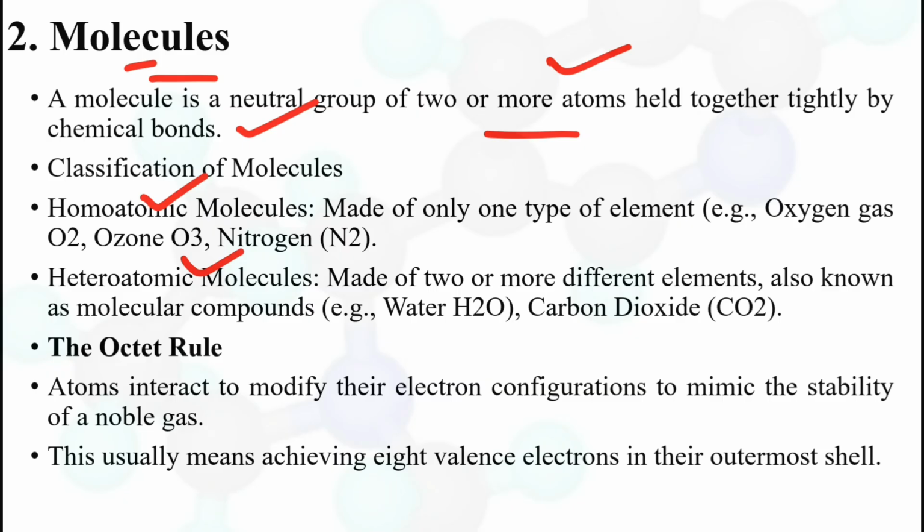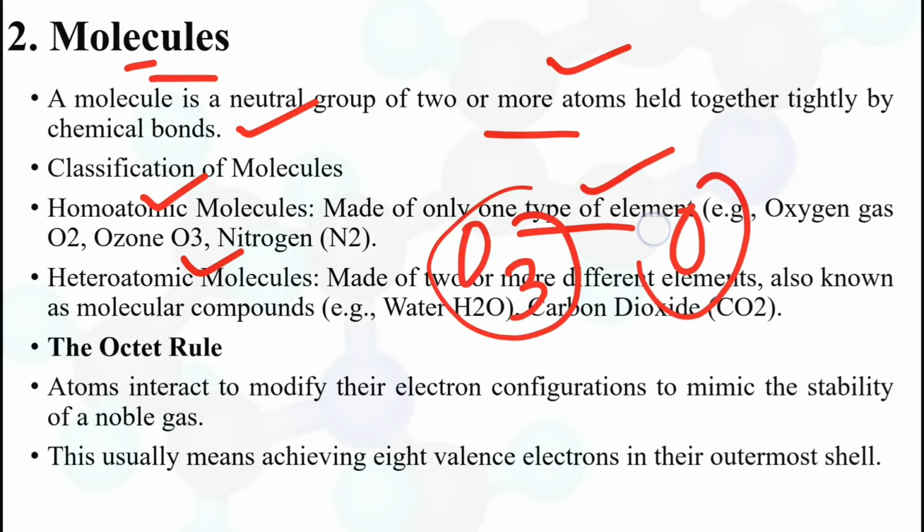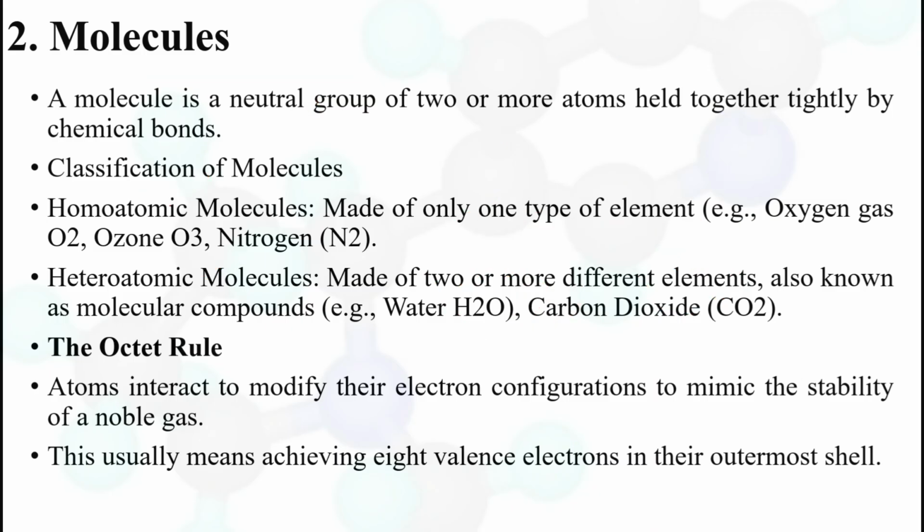Homoatomic molecules are those made of only one type of element, like O3, ozone, which consists of 3 oxygen atoms. Then heteroatomic molecules are made up of two different types of elements, like H2O. Here hydrogen is there and oxygen is there, so it is called a heteroatomic molecule.